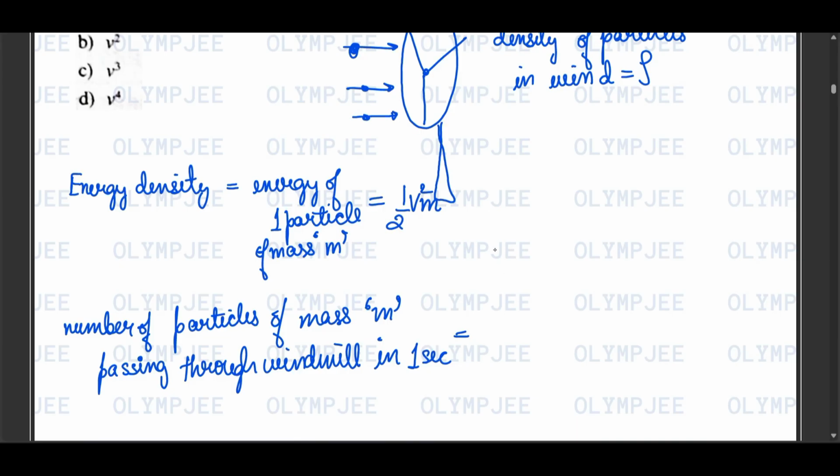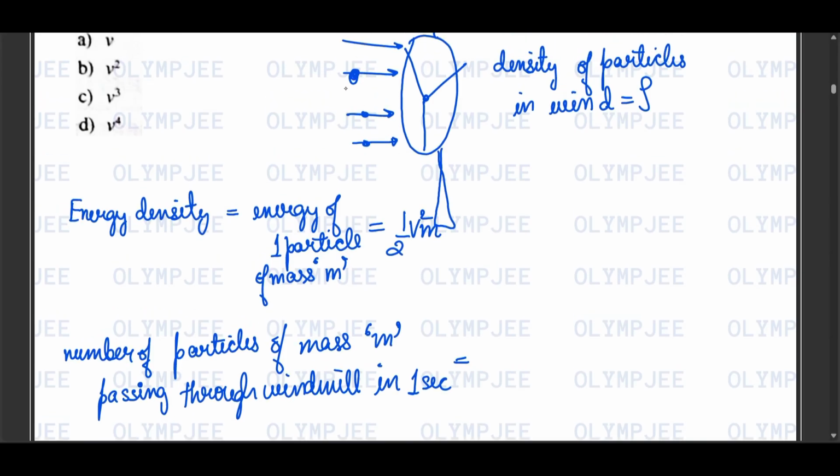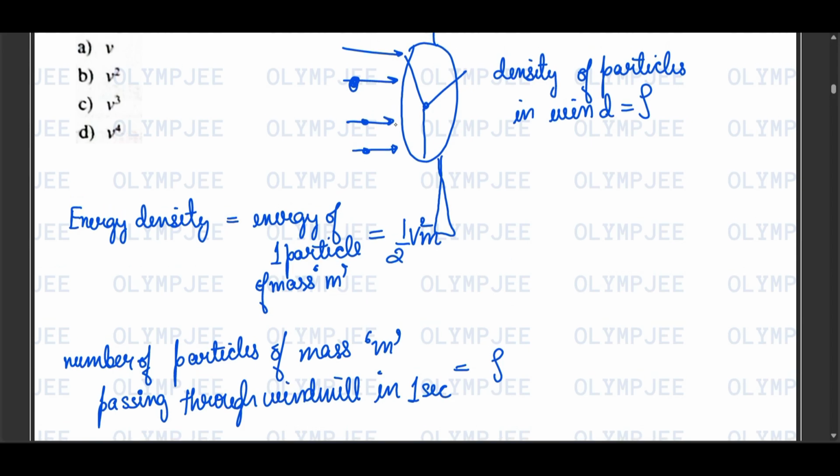So that will be equal to the number of particles in air, which is rho. The number of particles in unit volume is rho, and the volume passing every second would be equal to velocity multiplied by area, right?